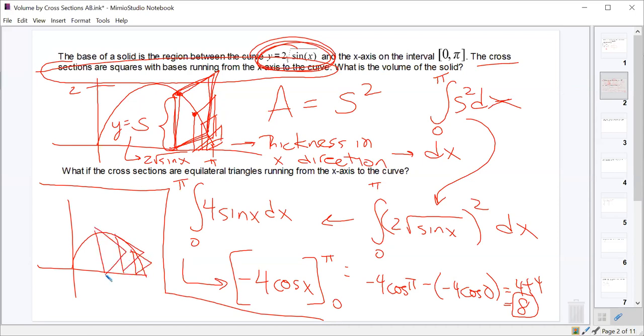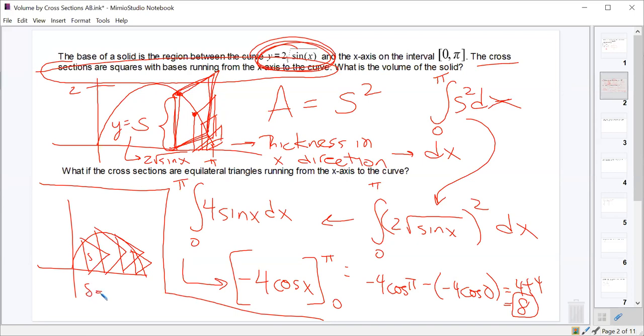And so this one, Ryan, would look more like this, right? More like this. So we've got equilateral triangles running across here. And the length of one of these, we'll just call it the side length there. The side length is still 2 root sine x, isn't it?